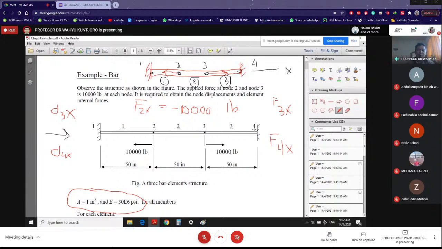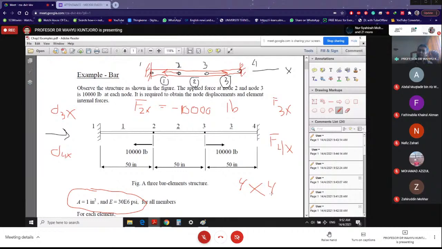Okay, 4 by 4. And then after that, the size of K, the big K, is 4 by 4. What does it mean? It means that you need to expand your element equation from 2 by 2 into 4 by 4. You do it first. How to expand? We discussed it just now.